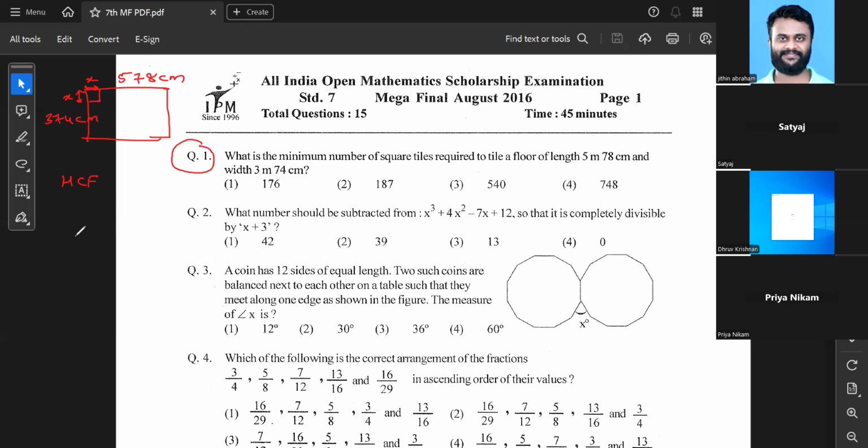Yes, sir. So basically the area of the rectangle, 578 multiplied by 374, is equal to 187 multiplied by a, where a is the number of times. So this you might have tried, right? Yes, sir.